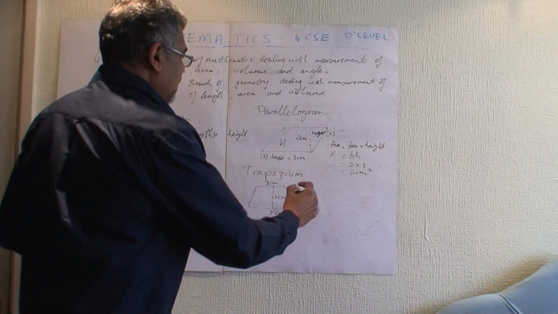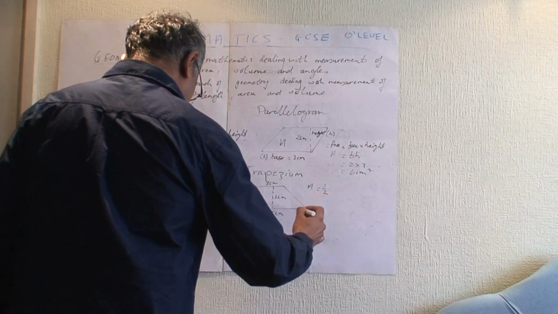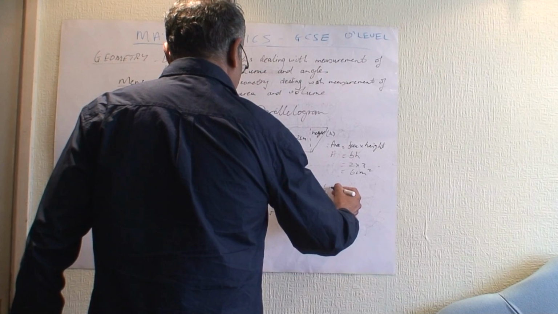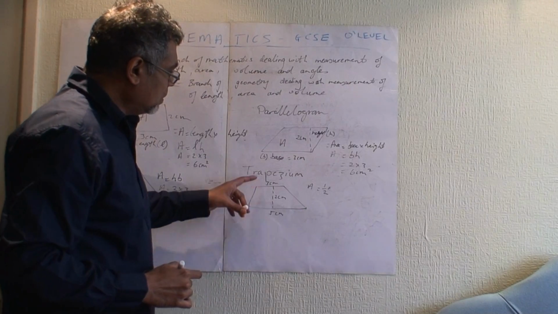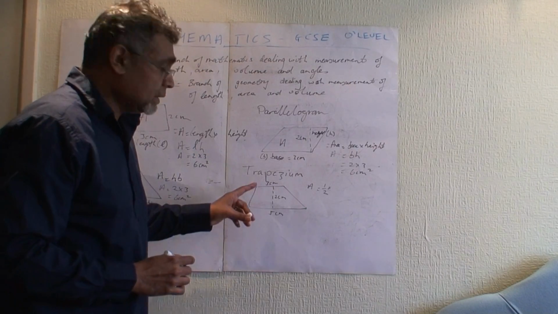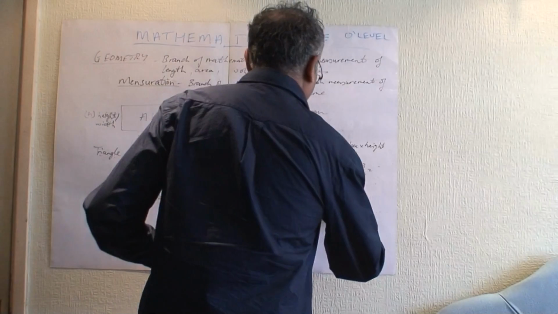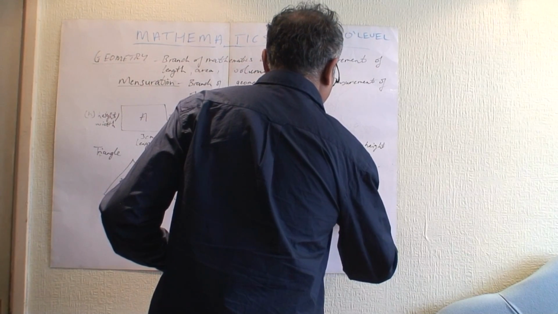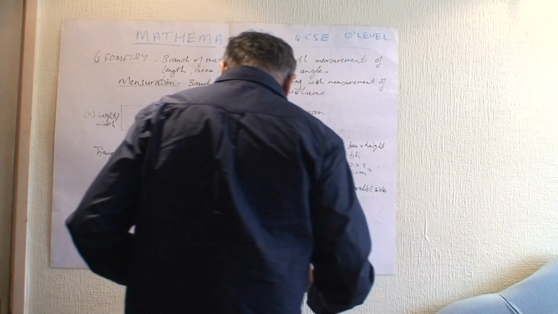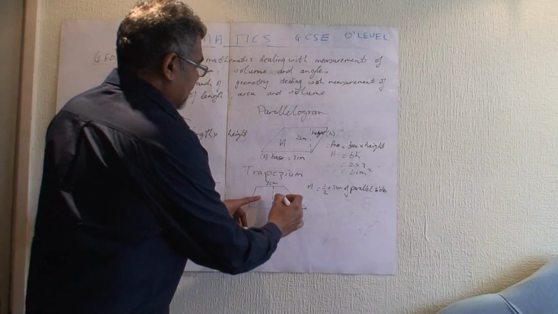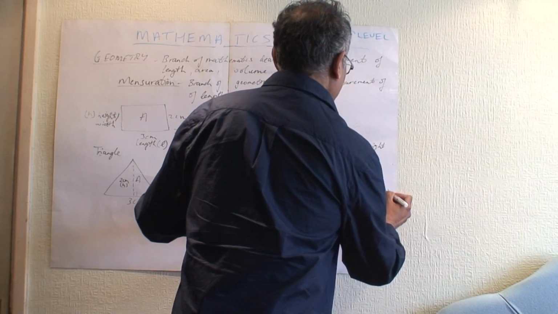Now, the area of a trapezium is going to be half, multiplied by the sum of the parallel sides, multiplied by the height, 2 centimeters.